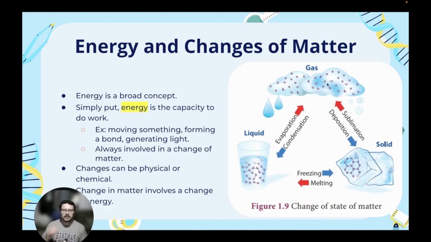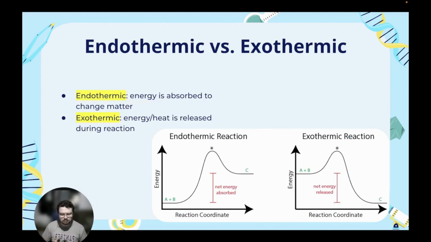All right, so these changes in matter have different energy requirements to cause that change. They either have to release energy or take energy in to do that change in matter. And we call those endothermic or exothermic processes, or endothermic or exothermic reactions.